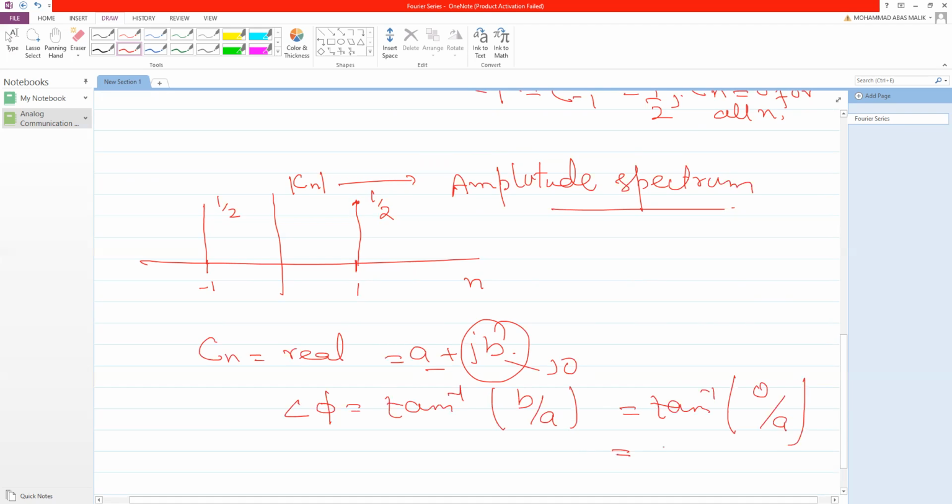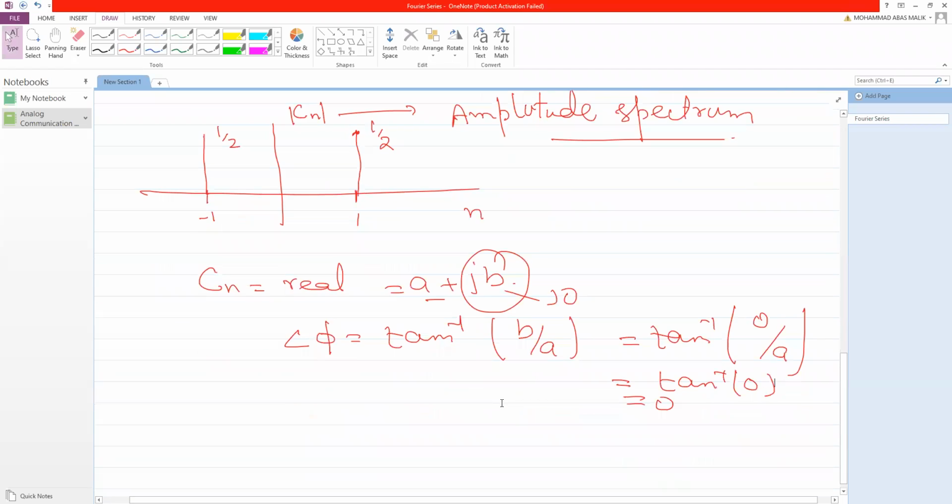Tan inverse of 0 is what? Tell me. Yes, sir. Tan inverse of 0 is 0. So the phase will be 0, but its spectrum will be even. Because Cn, the spectrum drawn here, is even. It's an even spectrum, right?